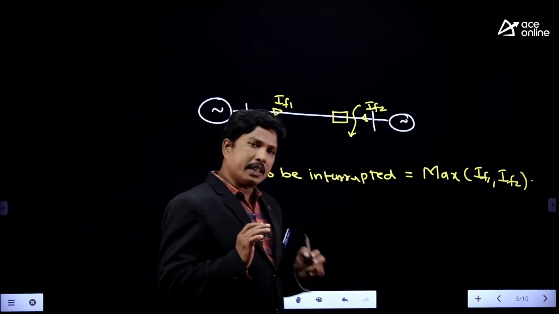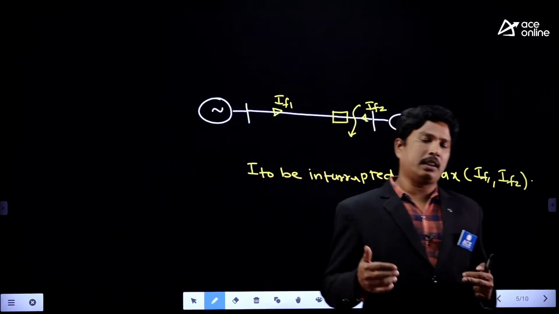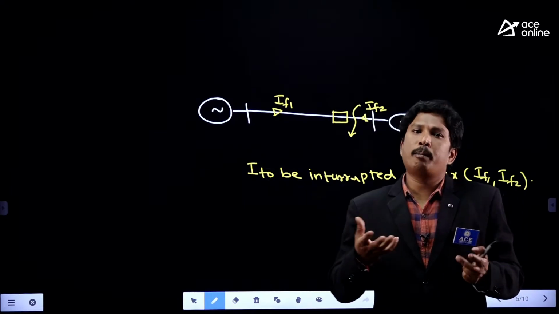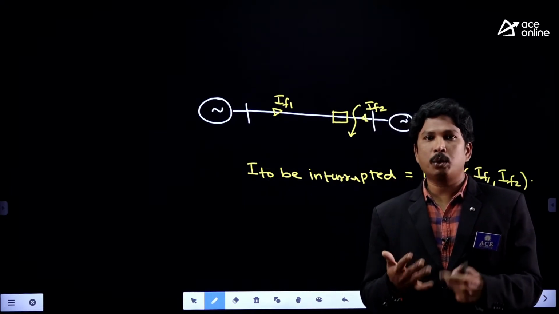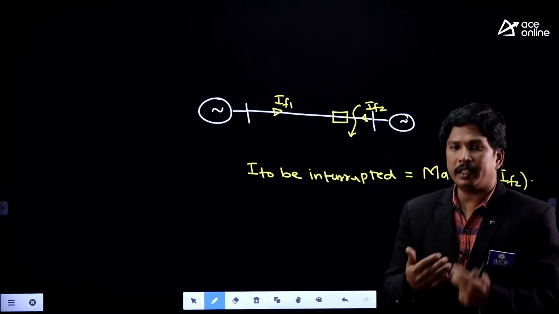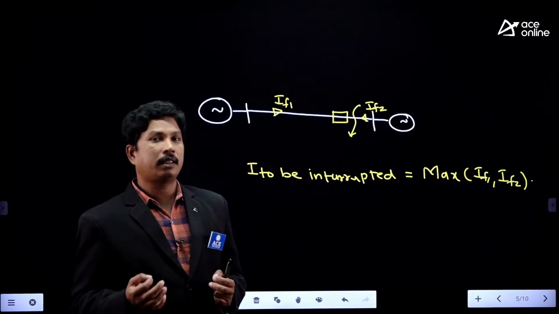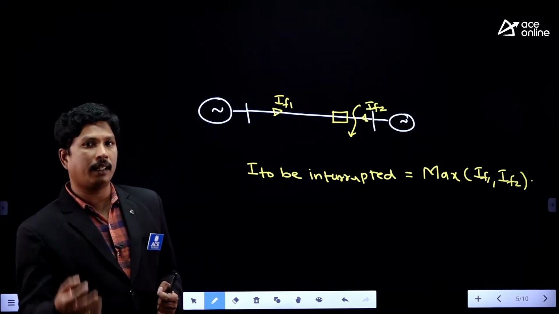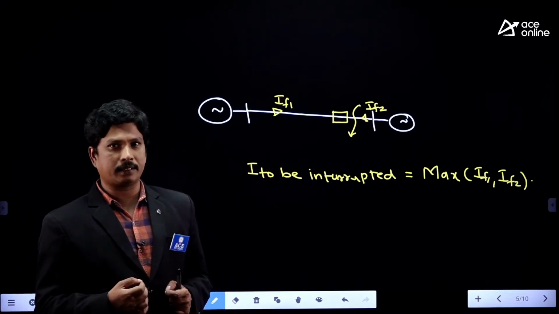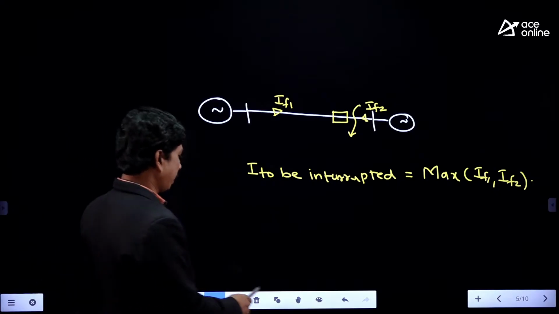Now tell me, for which fault is the maximum current possible? It will be for the triple line fault or triple line to ground fault. The symmetrical fault currents are the most severe, so the circuit breaker current rating should be based on the symmetrical fault current ratings.